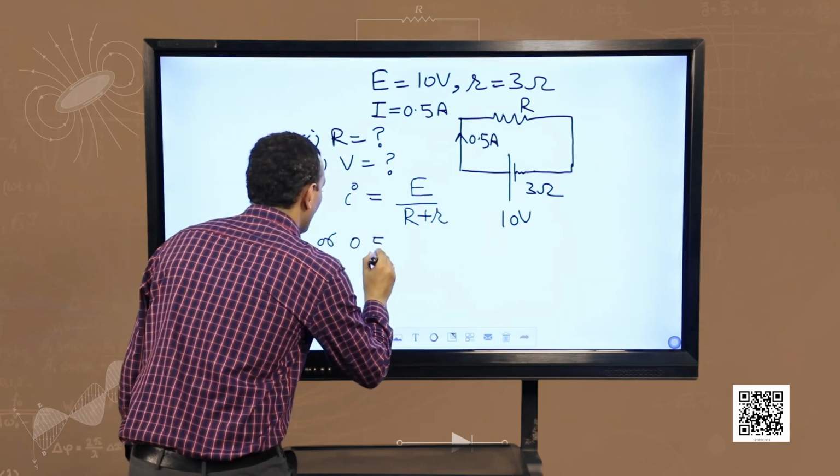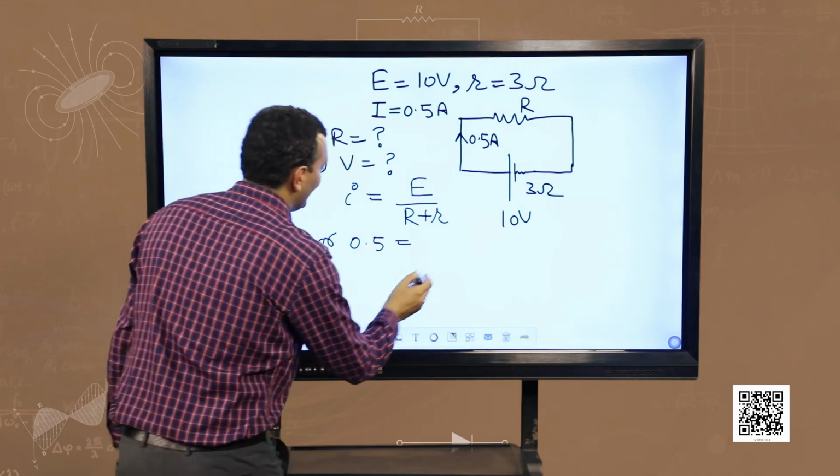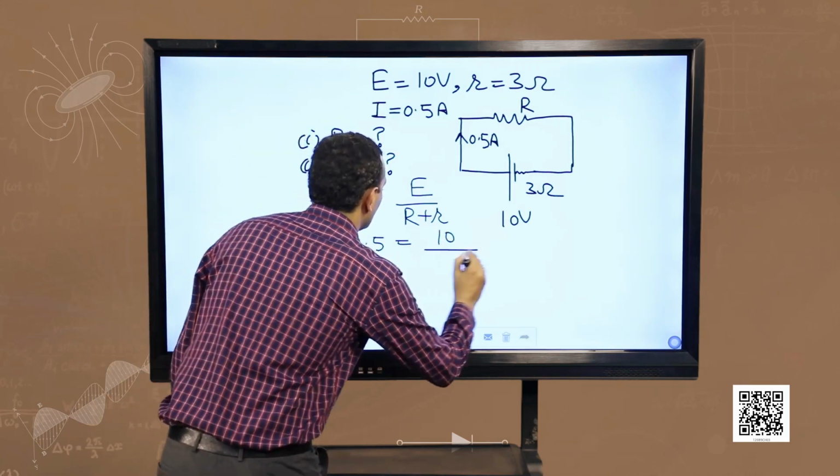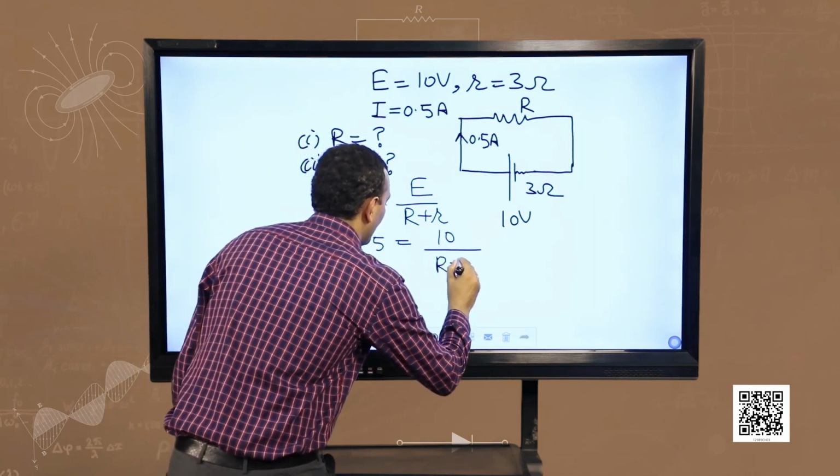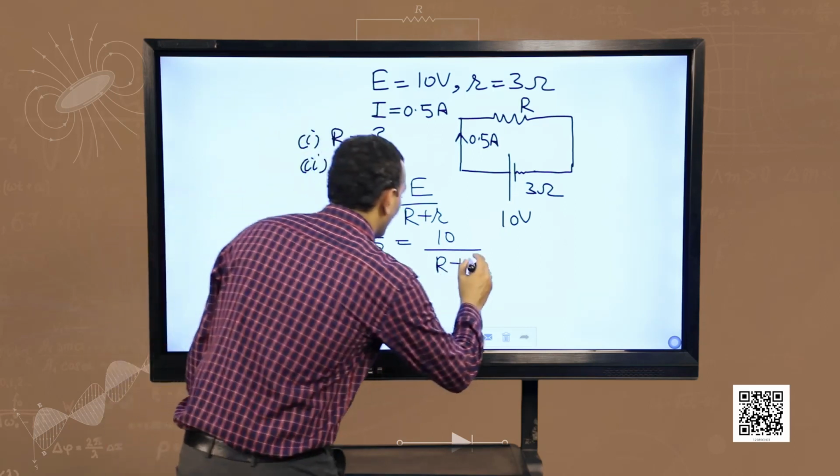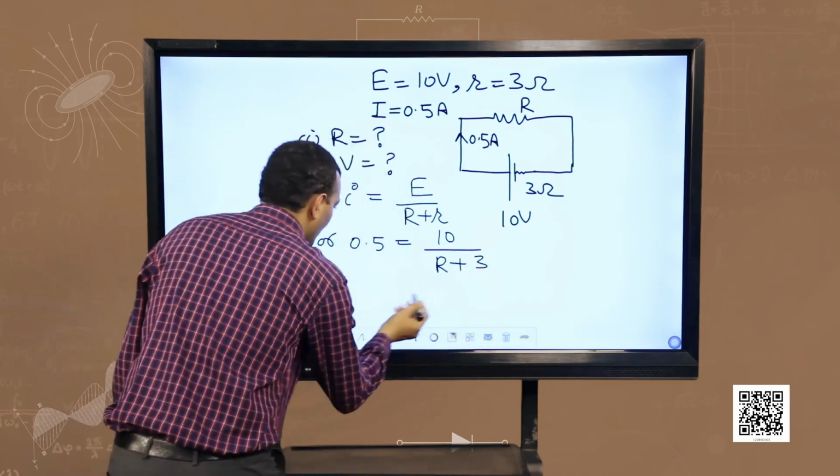I is 0.5, E is 10 volt, capital R we have to find out, and small r is 3 ohm.